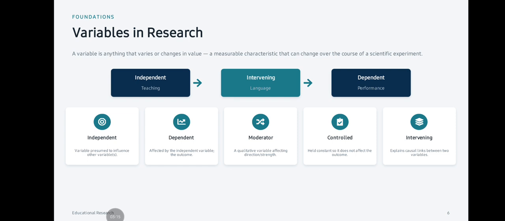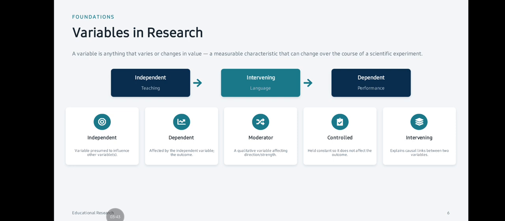So, variables in research. A variable is anything that varies or changes in value, a measurable characteristic that can change over the course of a scientific experiment. Independent, teaching, then intervening, language, then dependent, that is performance. So, independent variable presumed to influence other variables.